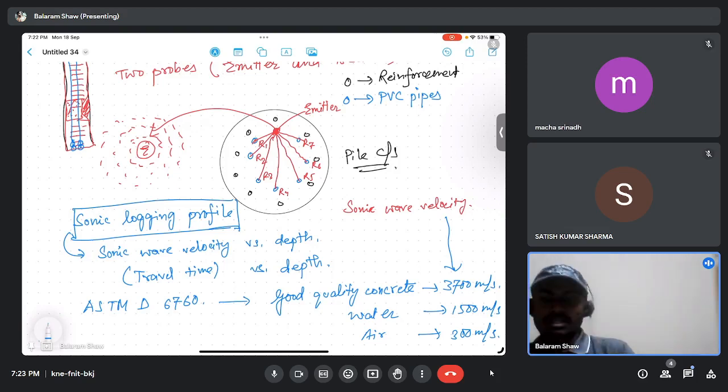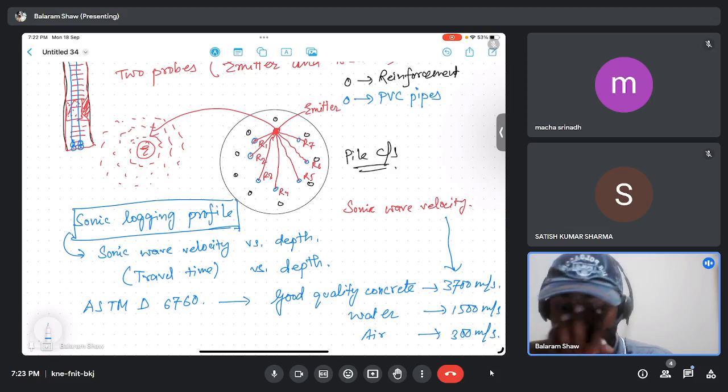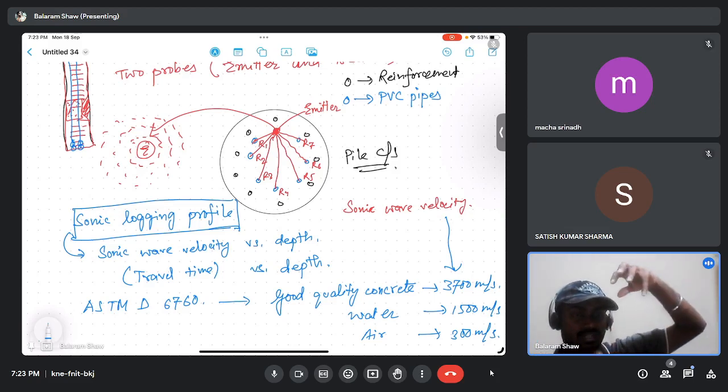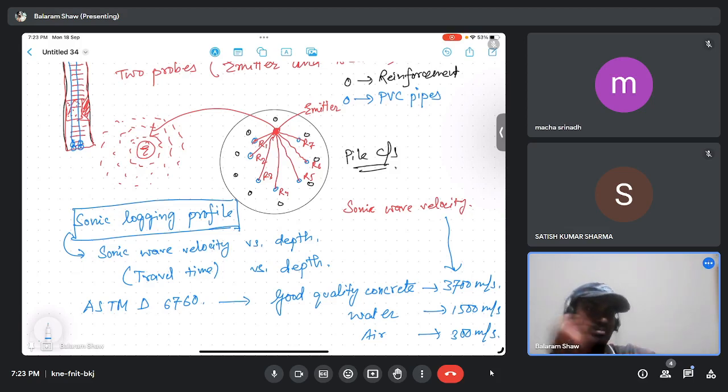And then since testing requires continuous power supply, it should be properly ensured that the site has all the facilities. First observation of acoustic velocity should be at the bottom, and then we'll pull up with simultaneous withdrawal of both the receiver and the emitter probes.